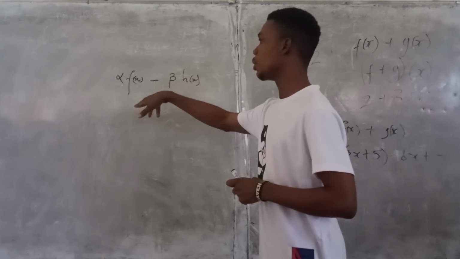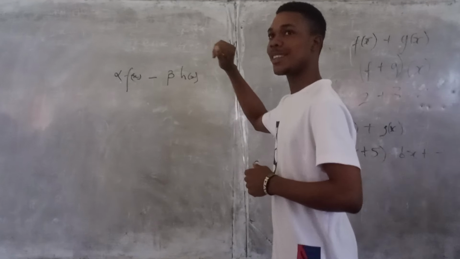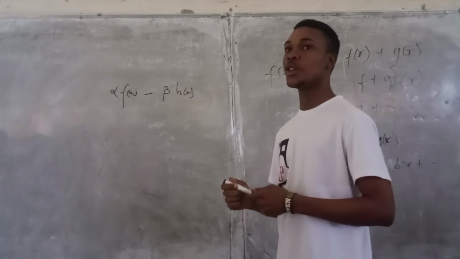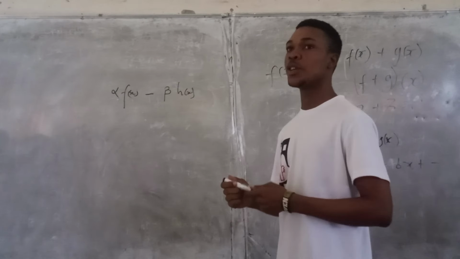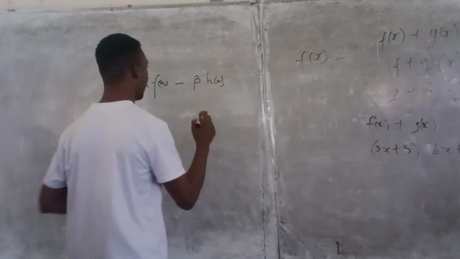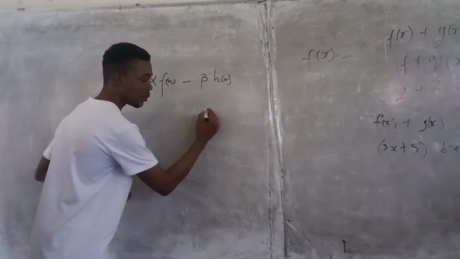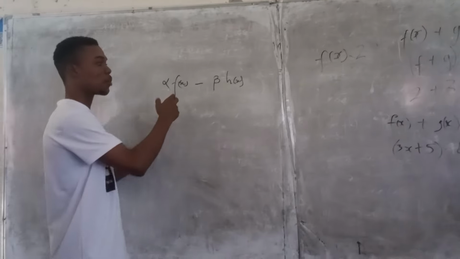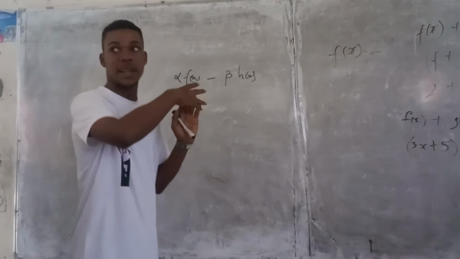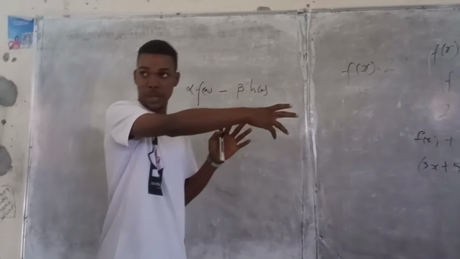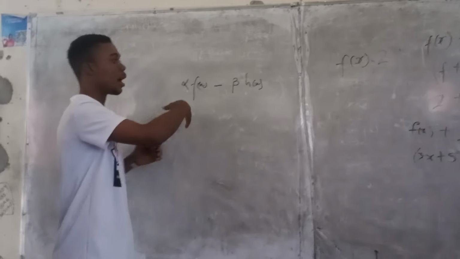First of all, you have used the scalar to multiply them, yes. Then say something about that minus. The subtraction, the minus sign affects the h of x values.